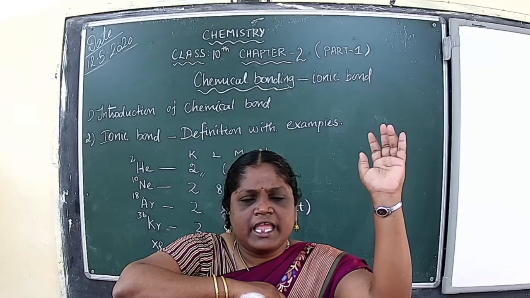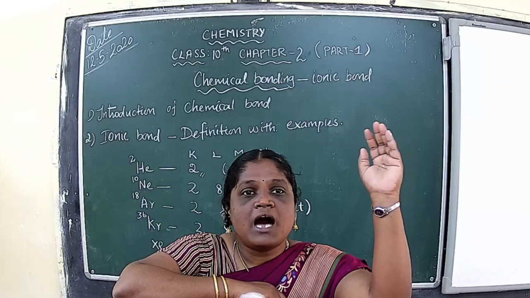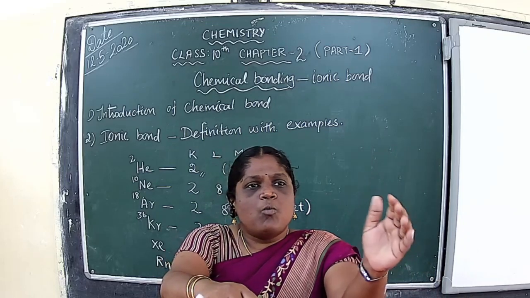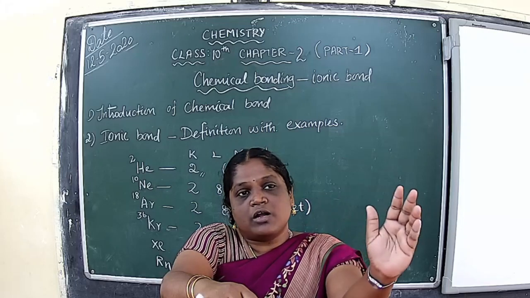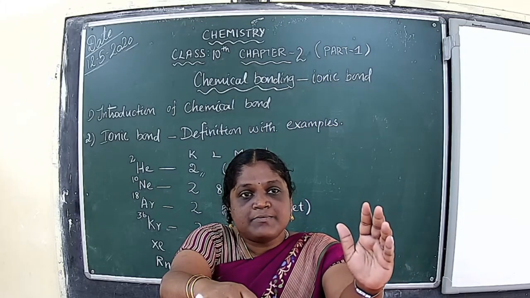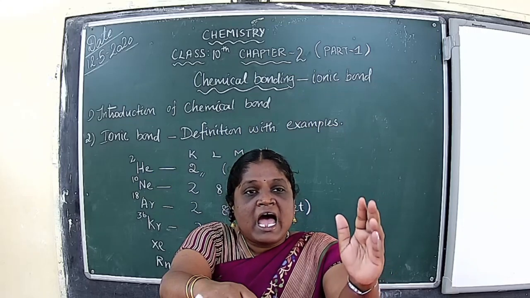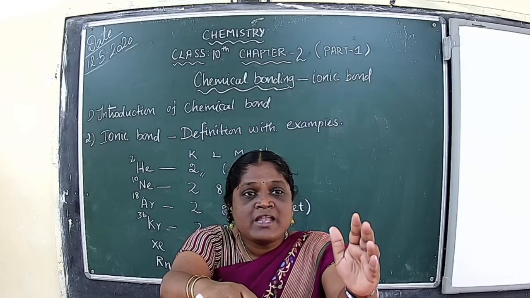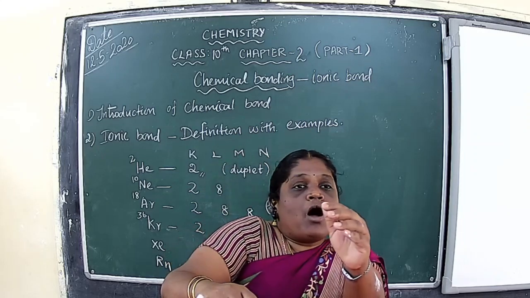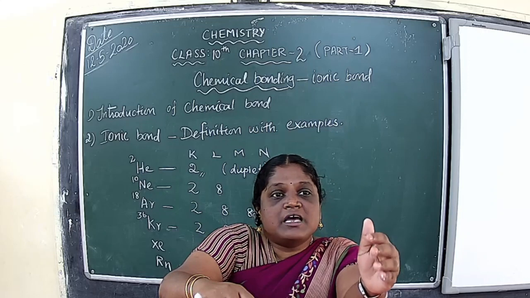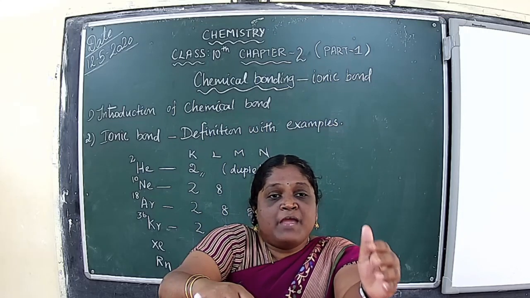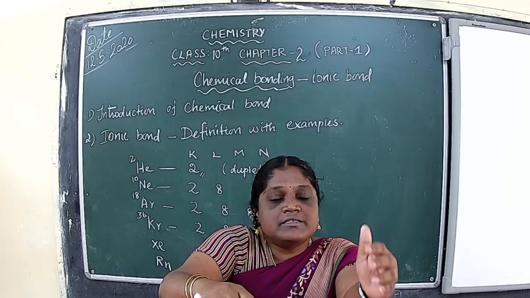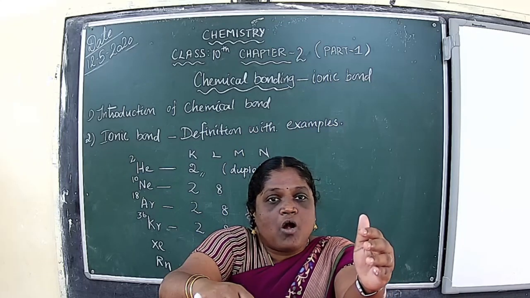Now, except noble gases, all other atoms of the elements have 1 to 7 valence electrons. If the element needs to attain a stable electronic configuration, there is a redistribution of their electrons.